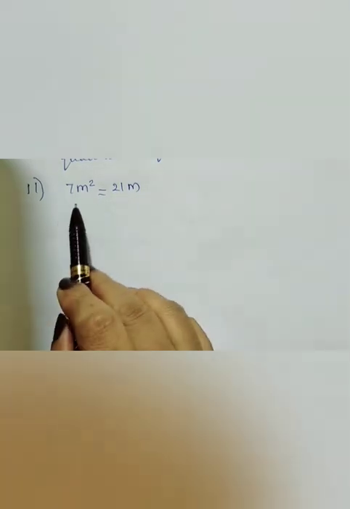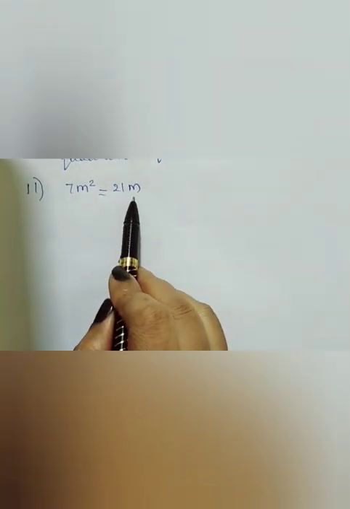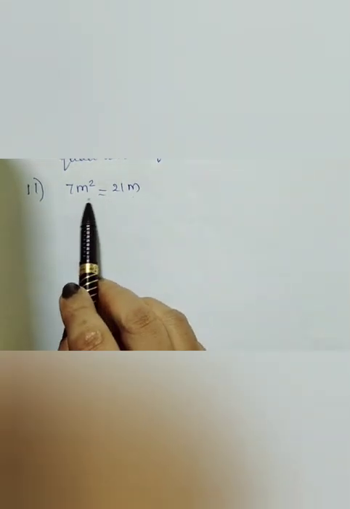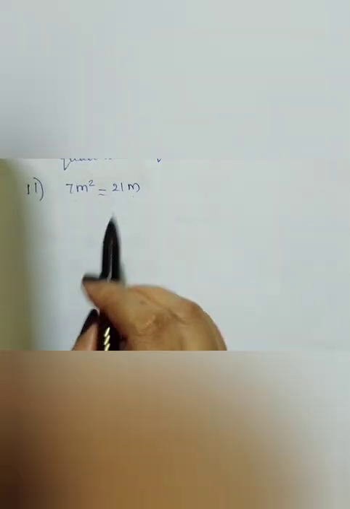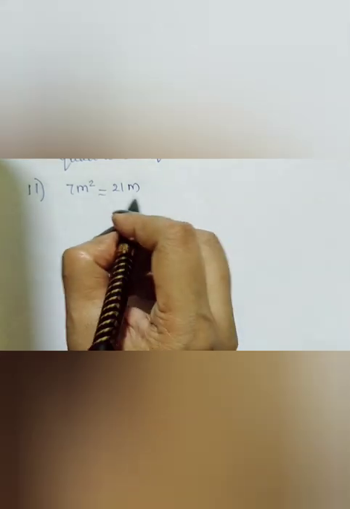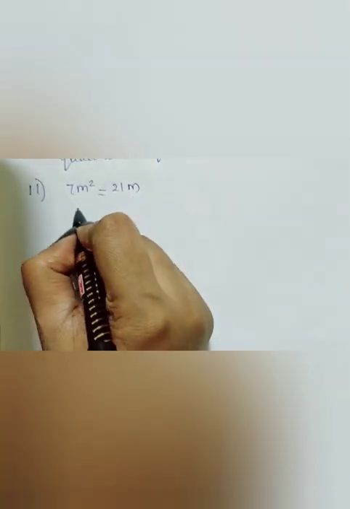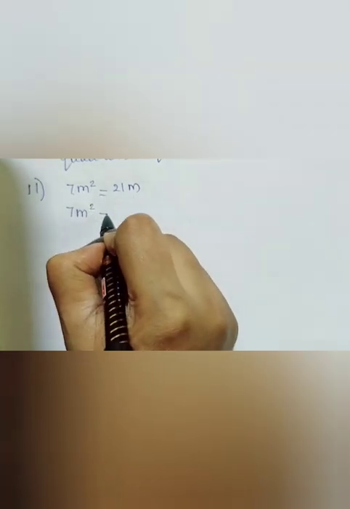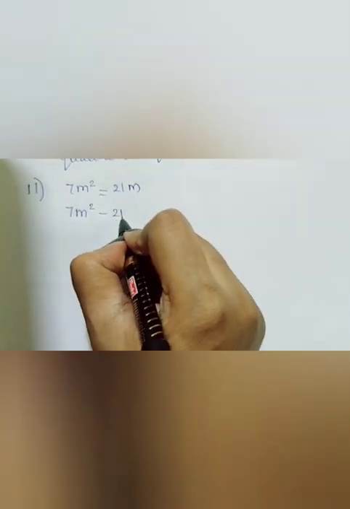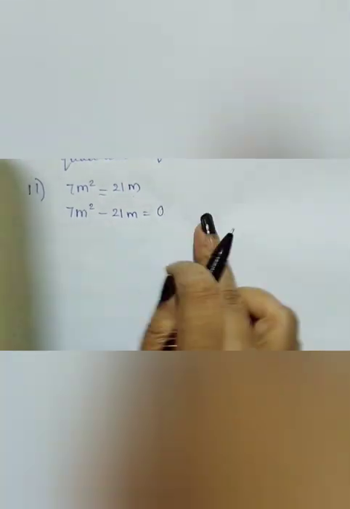Next equation is given 7m square equal to 21m. Here also we have to factorize in such a way. First we have to see it is not in standard form. So first we will write 7m square minus 21m equal to 0. We have to write this.